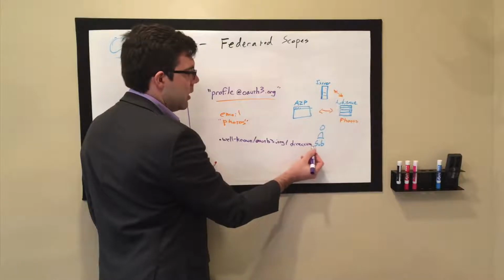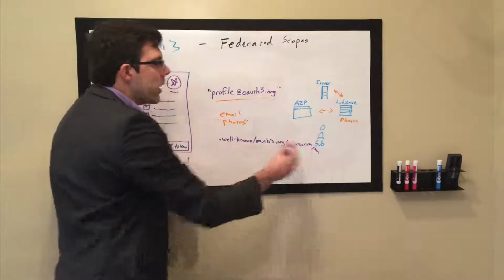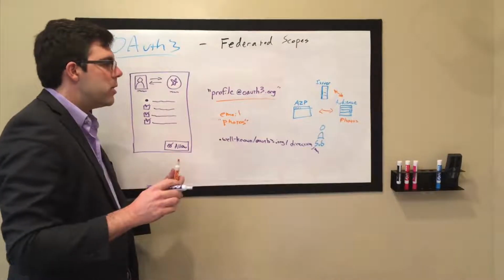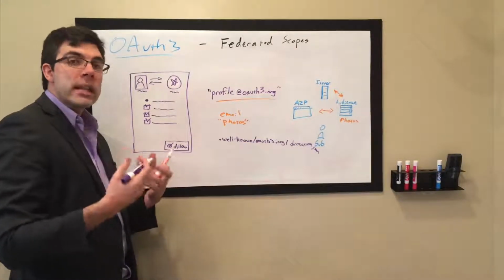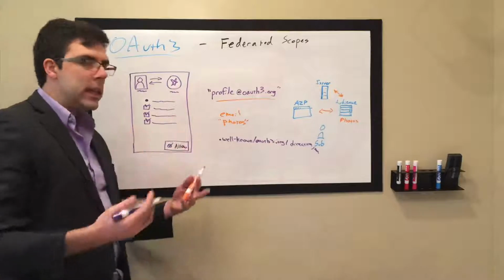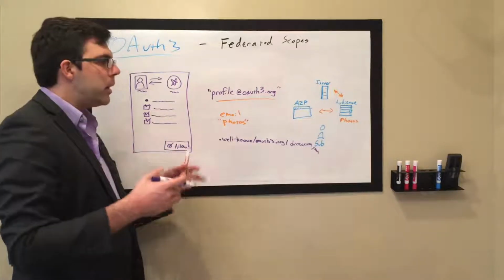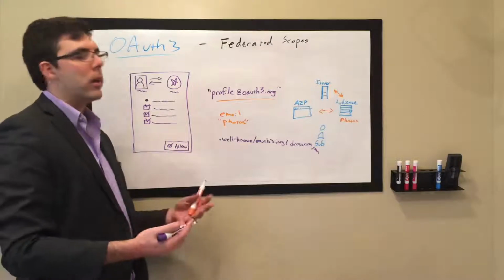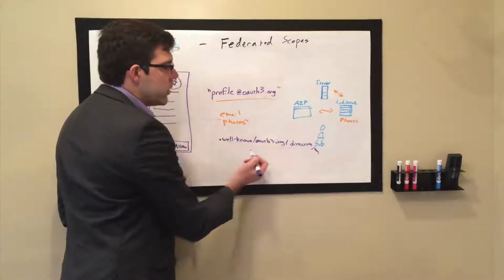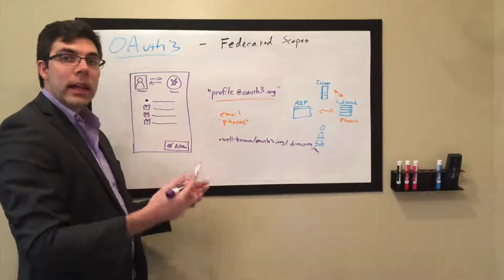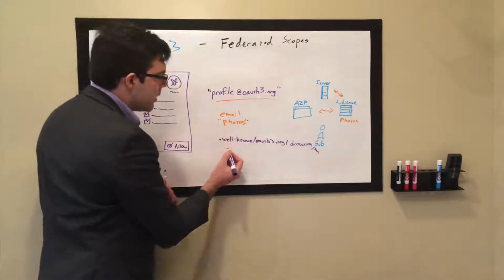So this is the starting point for any OAuth3 service or application to be able to say where its endpoints are. Now, ideally, there should be no reason for people to have custom endpoints, but because there are legacy applications that might require it, this one strict, well-defined endpoint will contain links to the others. And one of those is scope.